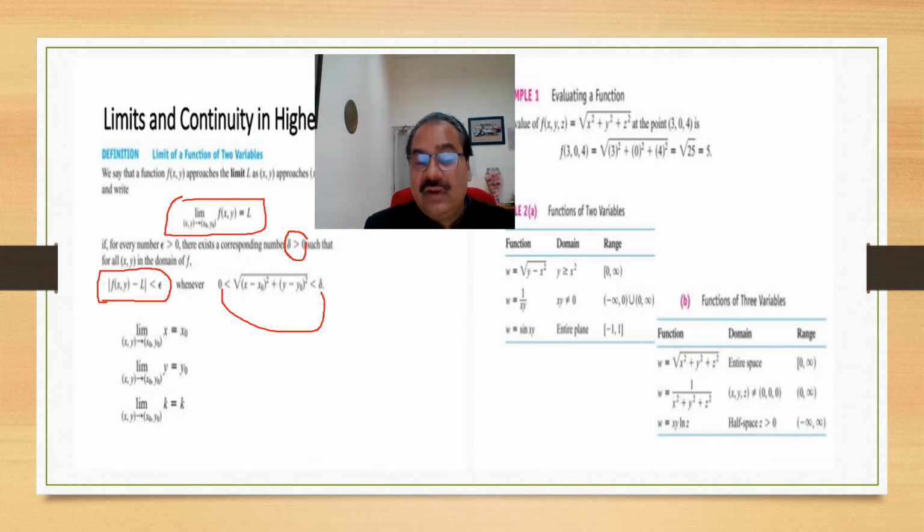If the function is w equal to 1 divided by xy, the domain is where xy should not be equal to 0, which is non-zero, and the range is, of course, minus infinity to 0 union 0 to infinity. If the function is the sine of xy, then the domain is the entire plane and the range is minus 1 to 1.